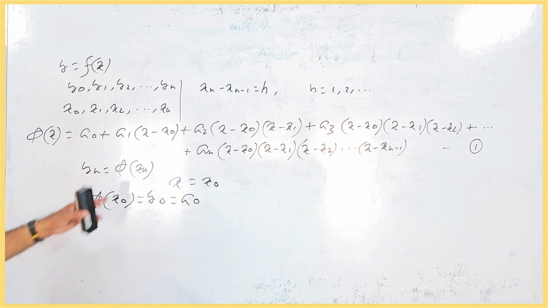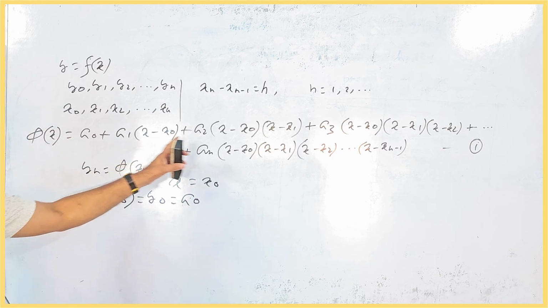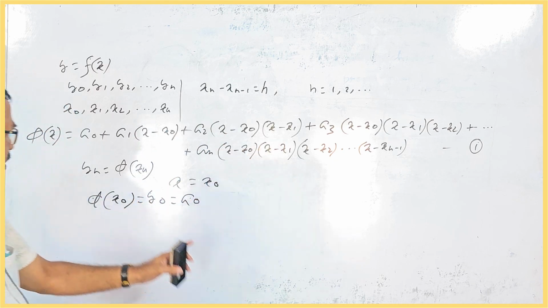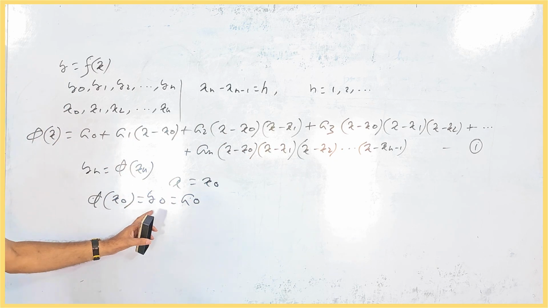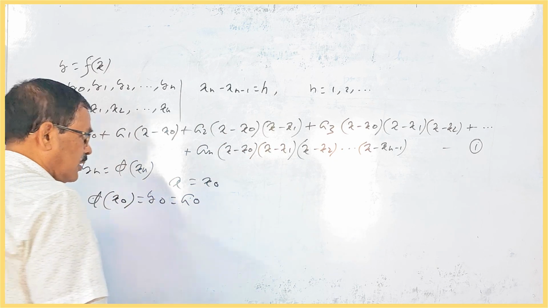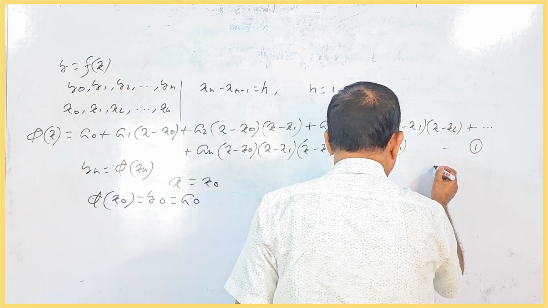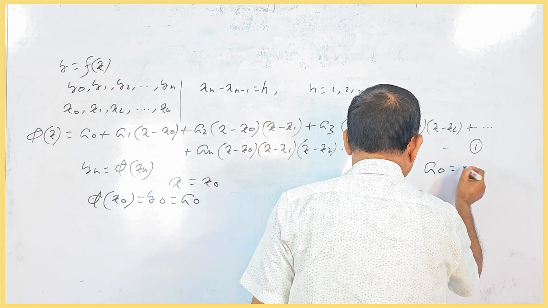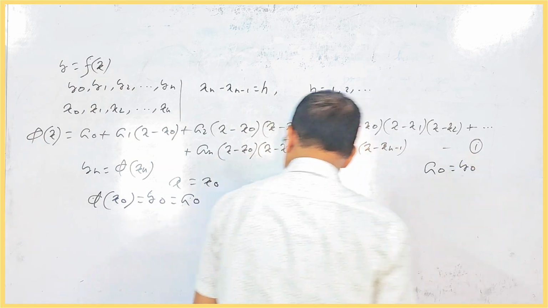And you see, if I put x equal to x0, all other terms are 0 except a0. Therefore I am getting a0 equal to y0. So here the first coefficient is a0 equal to y0.